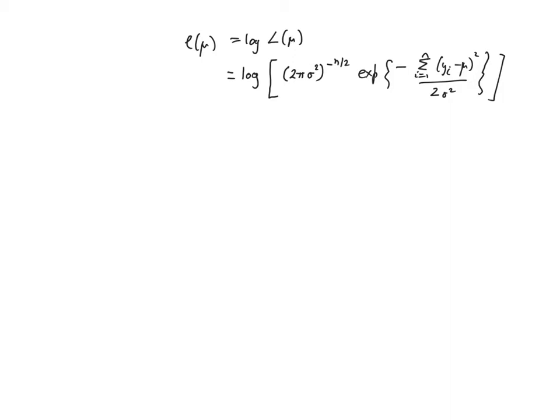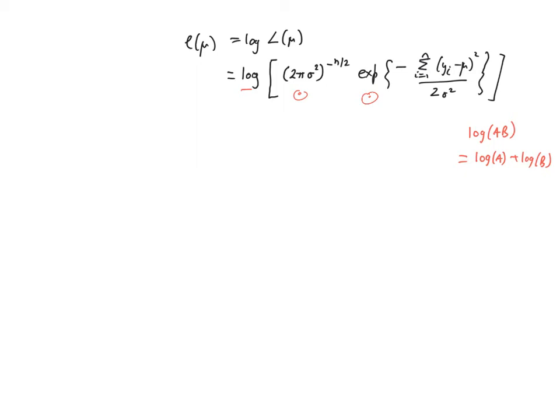Now, it's a fact of logs that the log of the product AB is the sum of the logs, log of A plus log of B. So we can split this log up because we've got the product of two terms. There's one term there, and this exp term is the other term there.